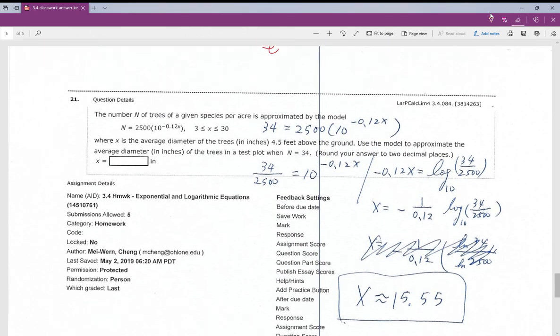Number 21, last question. They do provide a function for you. So this is the function they provide. And they say x is between 3 and 30. I want to make sure, did I check? Yes, between 3 and 30. Okay, that's good.